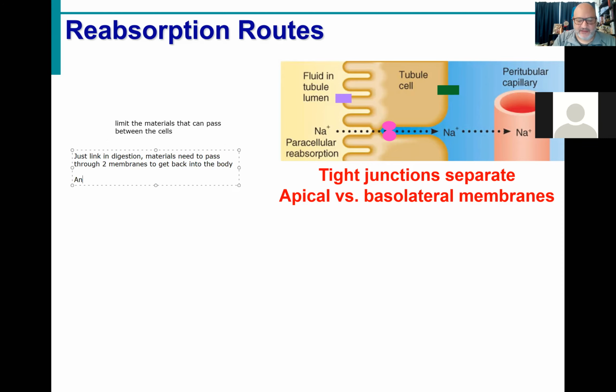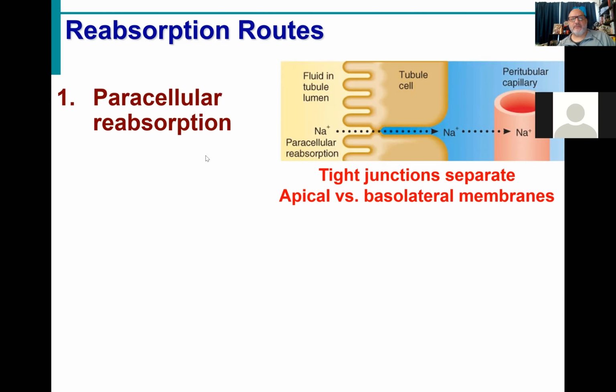Because remember, anything that stays in the tubule becomes urine and leaves the body. So these tight junctions are going to allow us to separate the materials, the proteins, the transporters that are on the apical surface and the basal surface.